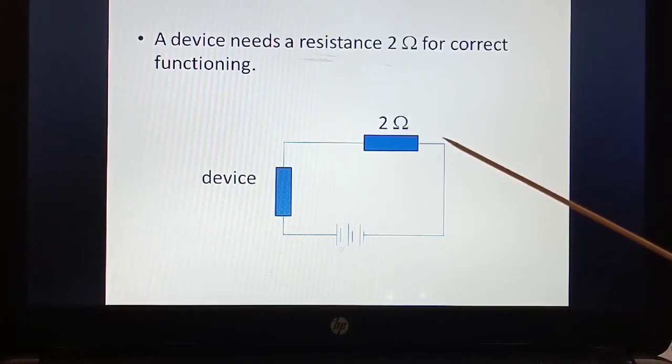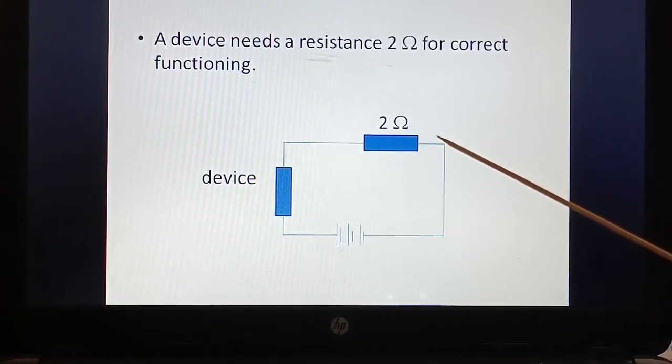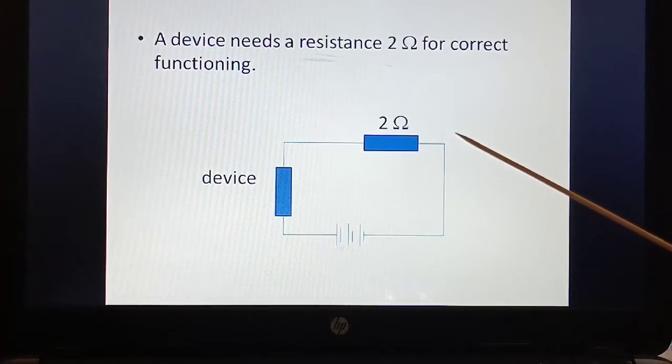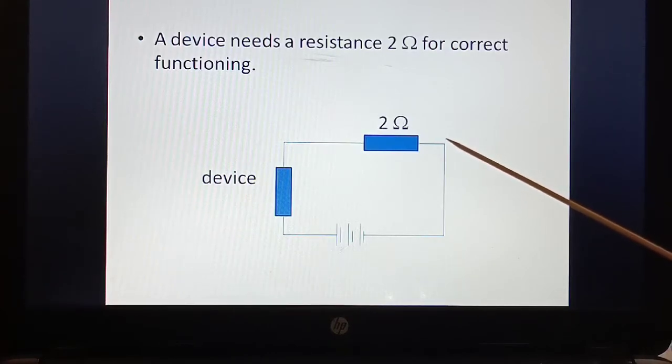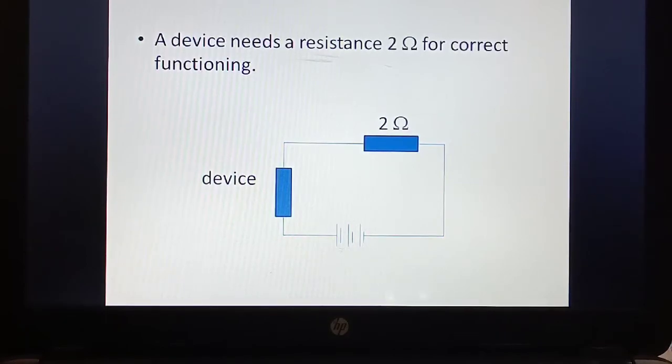Now the question is, how can I get 2 ohm resistance from 1 ohm resistors?